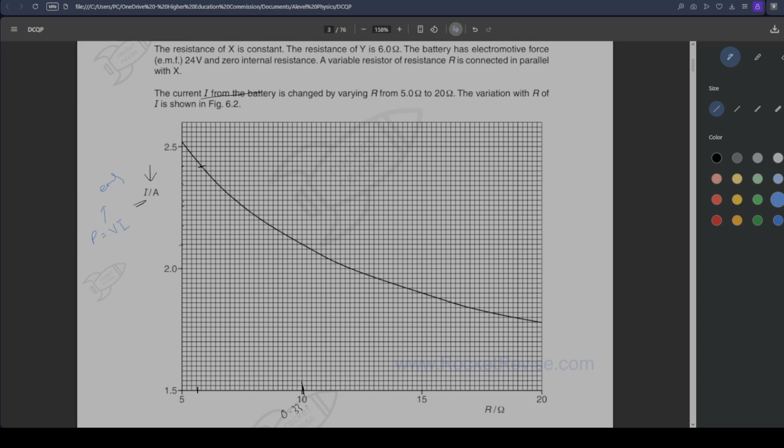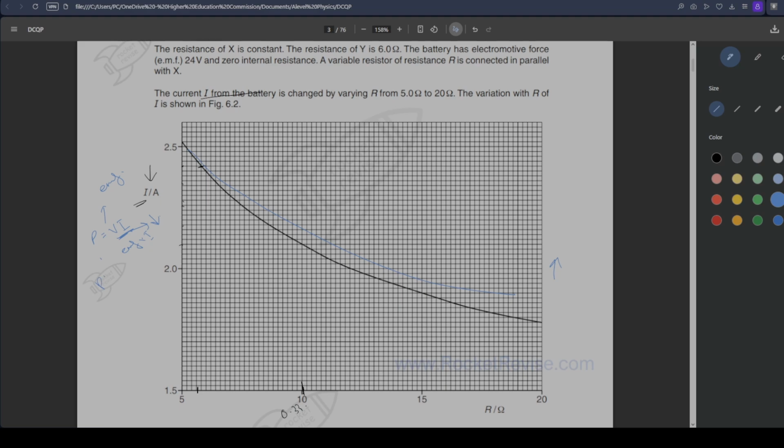This is going to remain the same. But our current is decreasing as resistance is increasing. So as our resistance increases, current decreases, and as current is decreasing, the product of EMF and current also decreases.